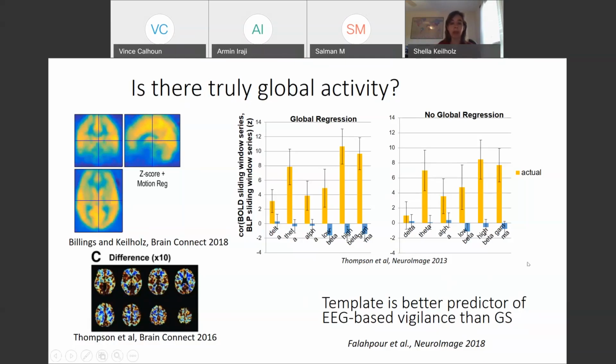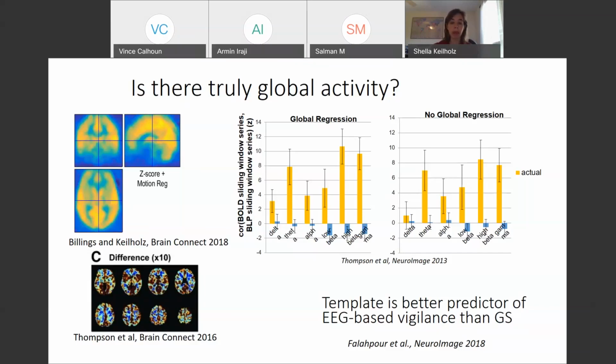The other thing that I had really gotten excited about with global signal is a lot of the work from Tom Liu's lab, where they looked at global signal in eyes open versus eyes closed conditions with and without caffeine and things like that. And they're finding that global signals seem to be related to vigilance levels. So that said, well, there's something neural in the global signal. But again, this could actually come from widespread network activity that's contributing to the global signal.